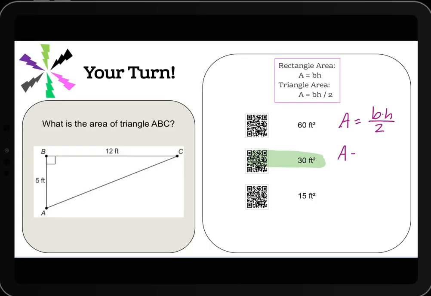The base, you can consider as 12 and the height as 5. You can multiply the 12 and the 5 to get 60, and you can divide that by 2. And you end up with 30, right? 30 square feet. So that's going to end up being our answer here.